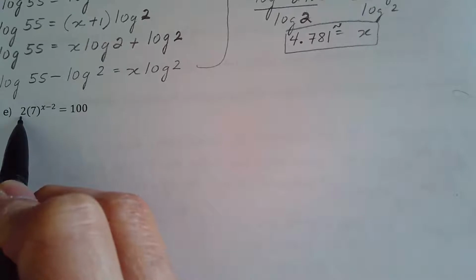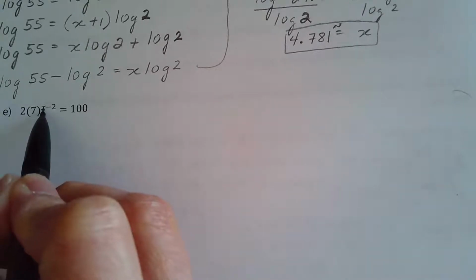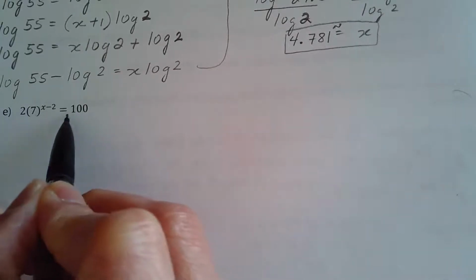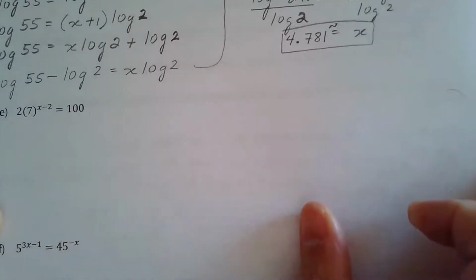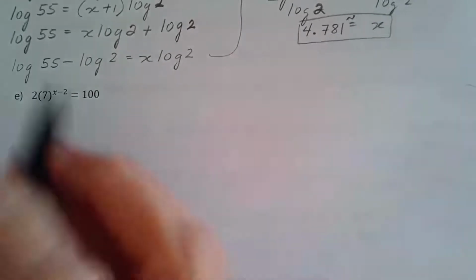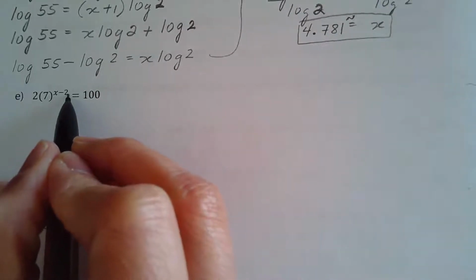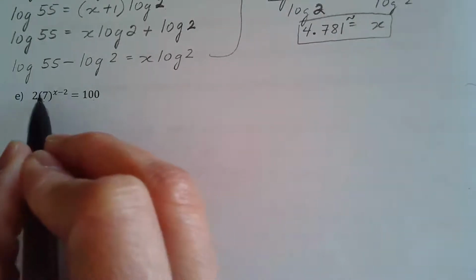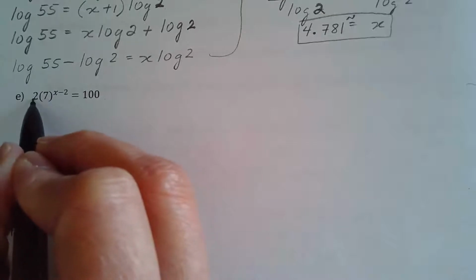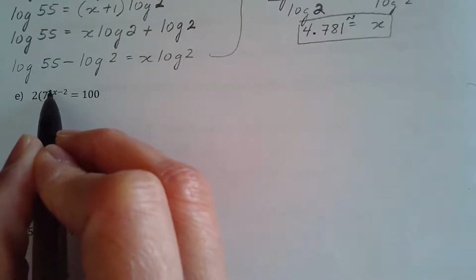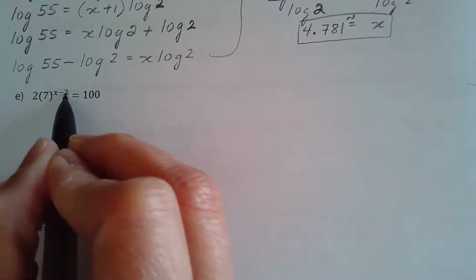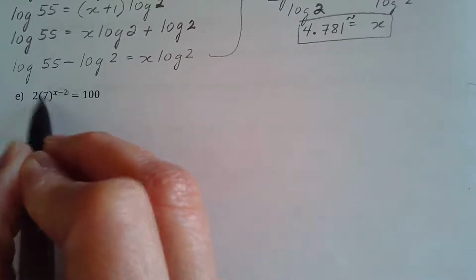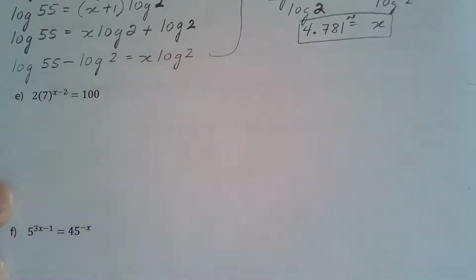2 times 7 to the x minus 2 equals 100. Now, I just want to let you know before we get right onto this, this exponent x minus 2 only applies to 7, not to 2. Because there's brackets there, this exponent x minus 2 is only applied to 7, not to the base 2 here.